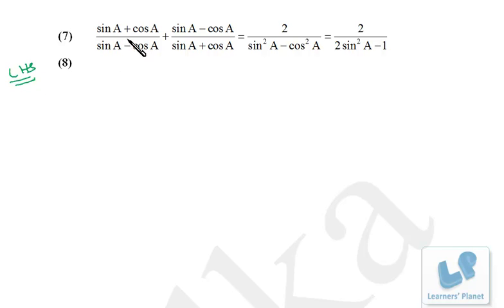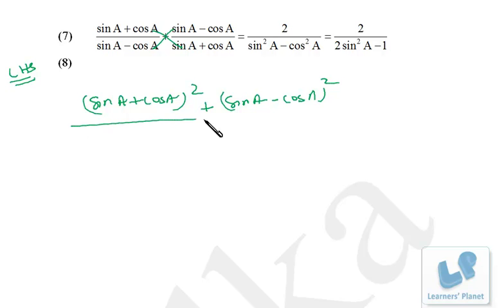Now in the first step we'll take the LCM of the expression. So it is sin A plus cos A whole square, multiply this and this, plus sin A minus cos A whole square, by, this is a minus b into a plus b format, so it's a square minus b square, right?